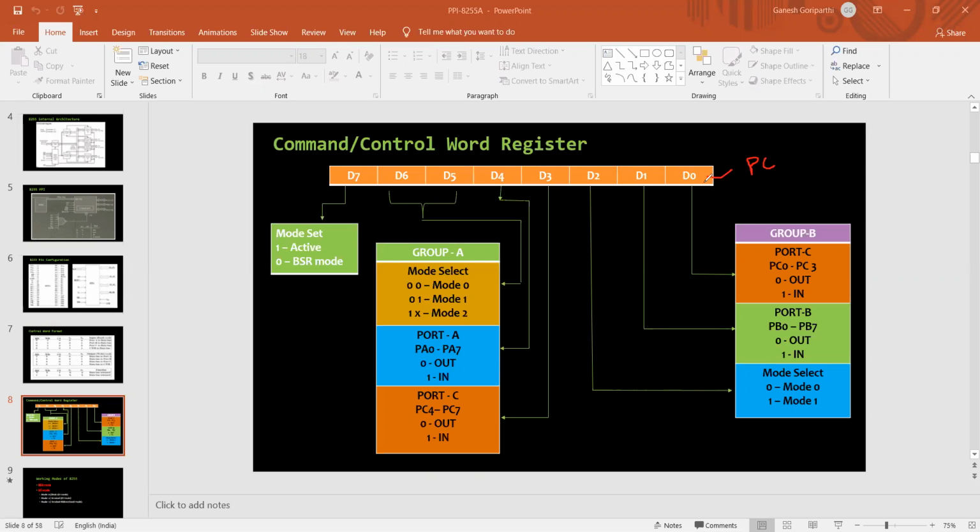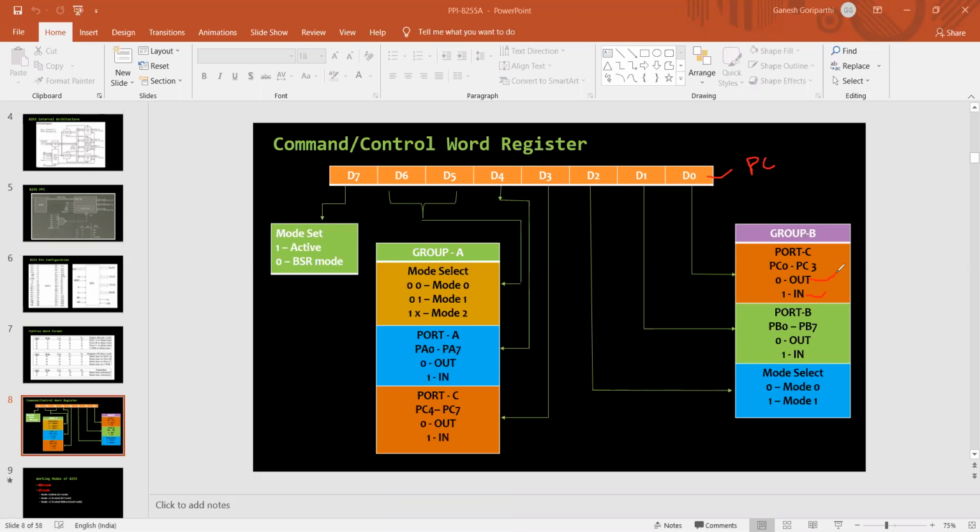If D0 is 1, then port C in group B will act as the input port. If it is 0, then it will act as the output port.